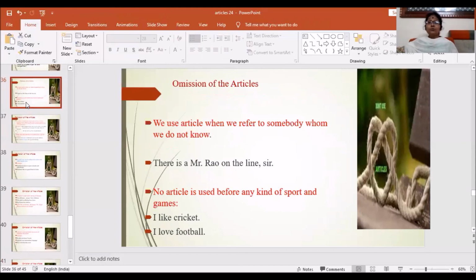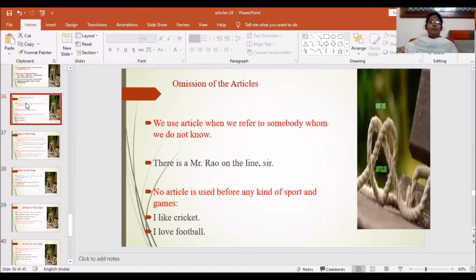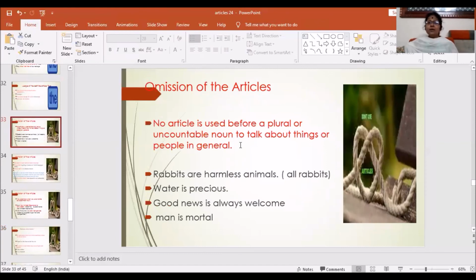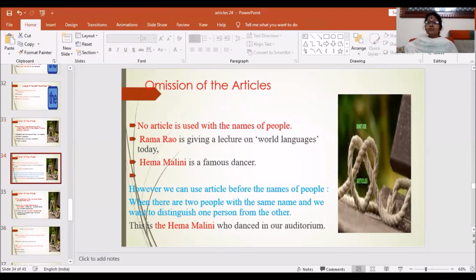Let us just brush up. We should not use articles before plural or uncountable nouns to talk about things or people in general. No article is used with the names of people, right? However, if there are two people of the same name, then to specify one, we use an article.